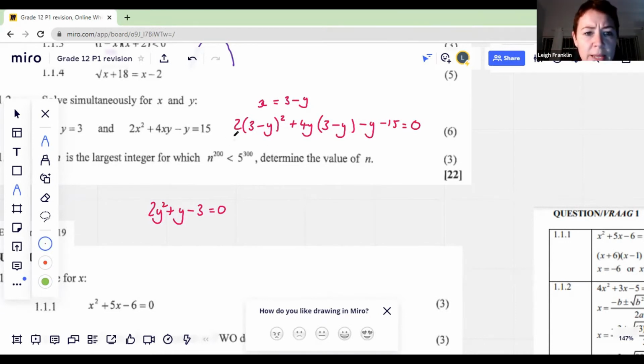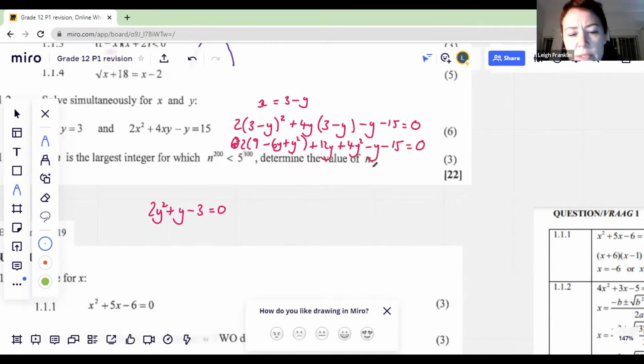So then we would end up with 2, and then here you would have had 9 minus 6y plus y squared plus 12y plus 4y squared minus y minus 15 equals 0. Okay, so I'm going to write underneath here. So that's going to leave us with 18.